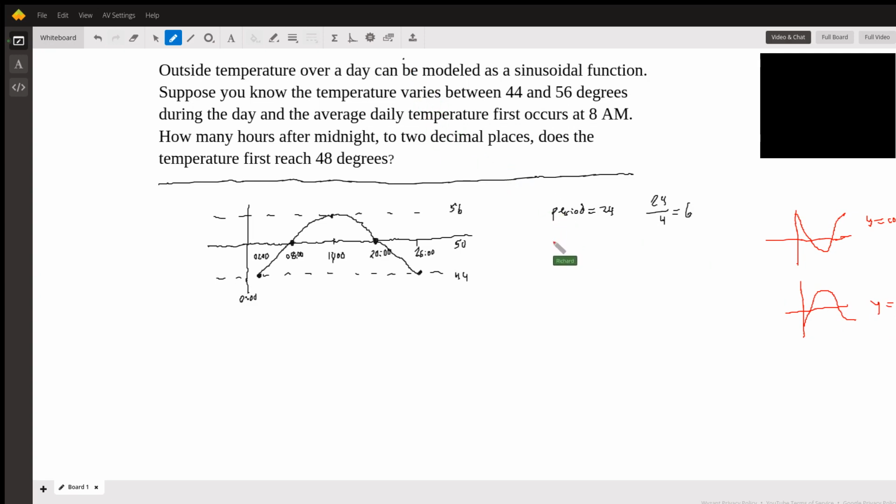So our function that we're going after is going to be y equals negative a cosine, sorry, with a b in front, b times x minus h, plus k.